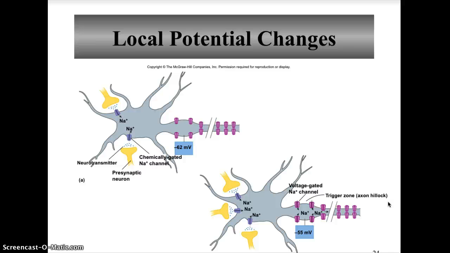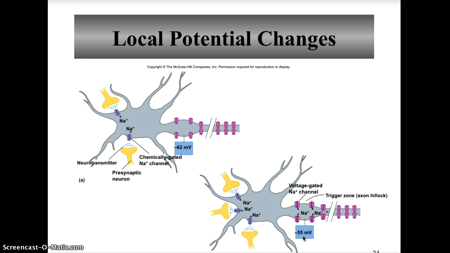And you can see that associated here where you have neurotransmitter. Here's the presynaptic neuron coming in, and there's the chemically gated ion channels. So you can see as you go from negative 62 millivolts to negative 55 millivolts, you have reached that threshold potential.